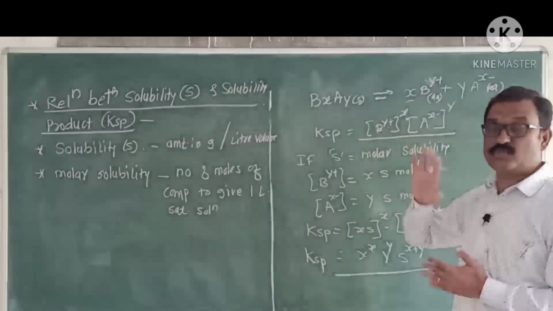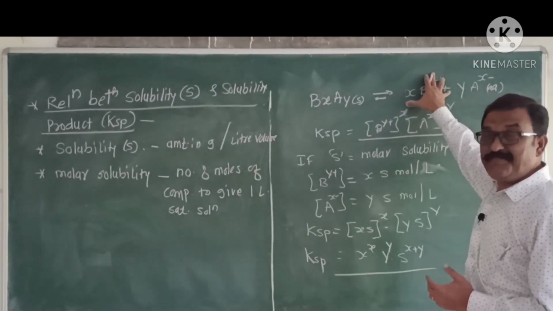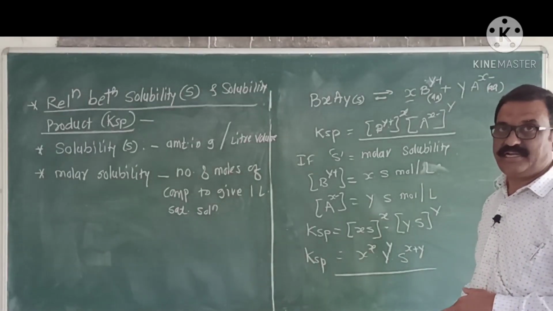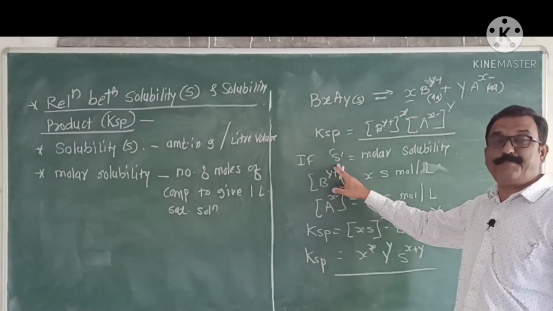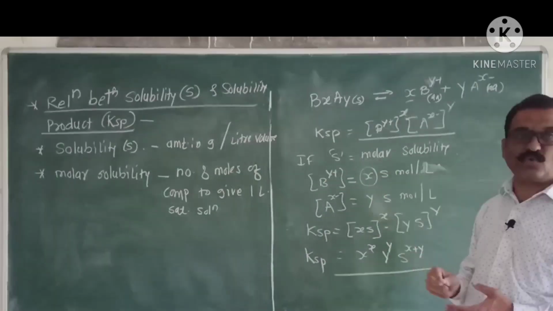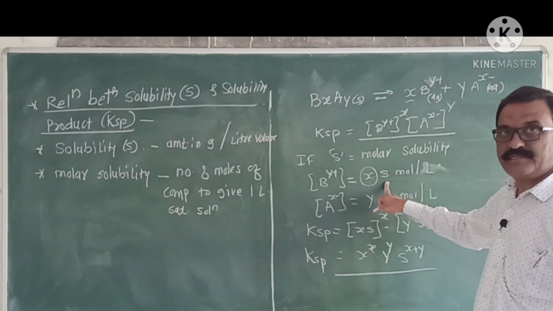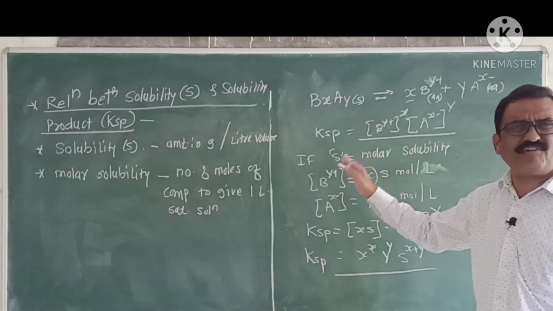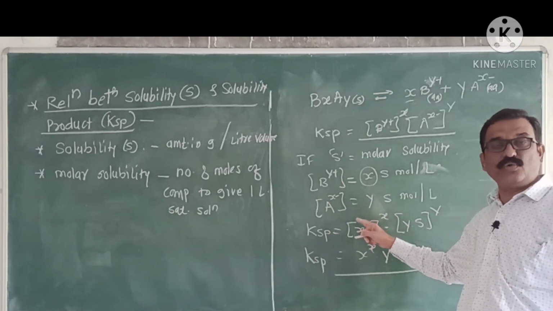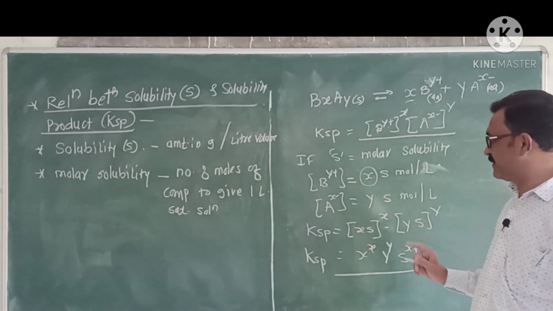If S is the molar solubility, then the equilibrium concentrations of these ions become like this. The concentration of B^(Y+) is equal to X, which is the coefficient, into the molar solubility. Similarly for anions, the concentration of A^(X-) is equal to Y into the molar solubility.